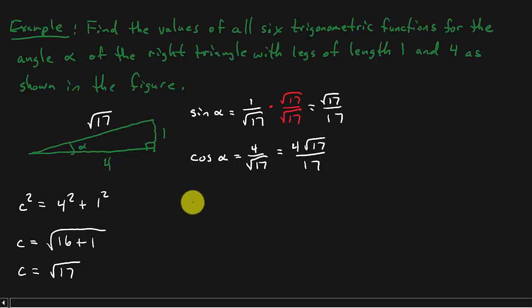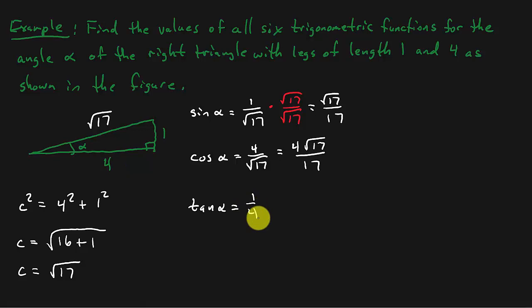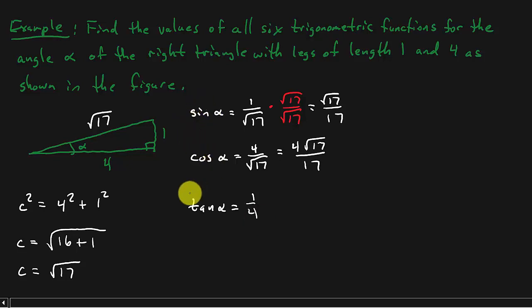Right? And then we have tangent alpha. Well, tangent is what? Opposite over adjacent. So that's 1/4. All right, so we found sine, cosine, and tangent. So remember, I told you, all you really need to do is remember sine, cosine, and tangent. Then the other ones we can get pretty easy.